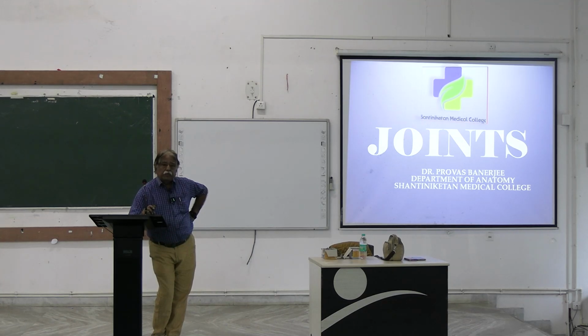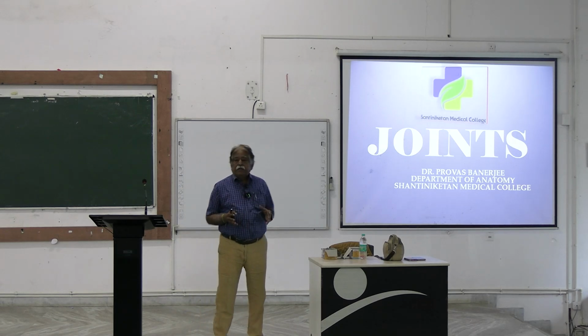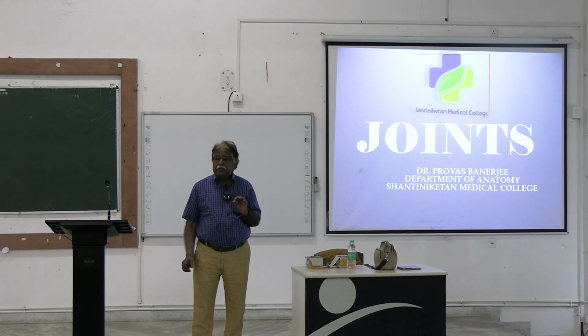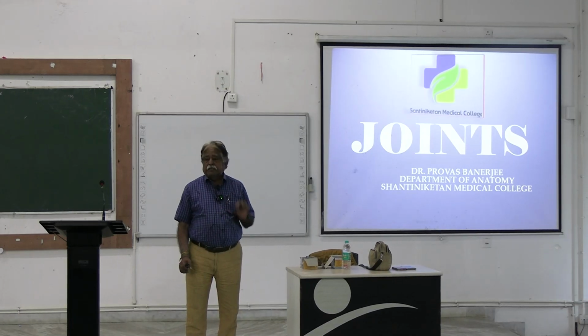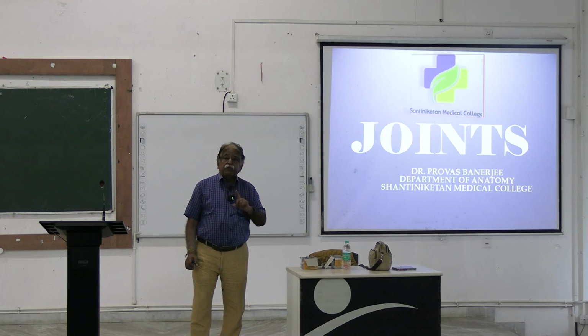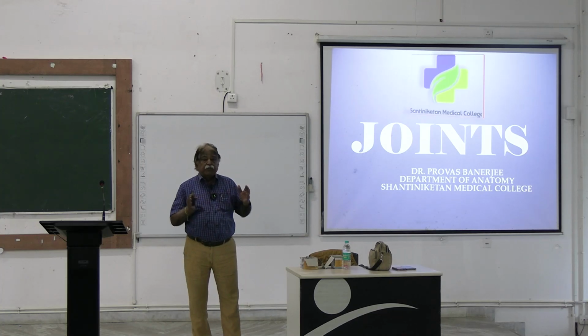So you have to know, like you are now doing the lower limb, now the hip joint. The basic principle of a joint is whether it is a synovial joint or some other form, which will be discussed now. So you have to know the joints because it covers a major part.